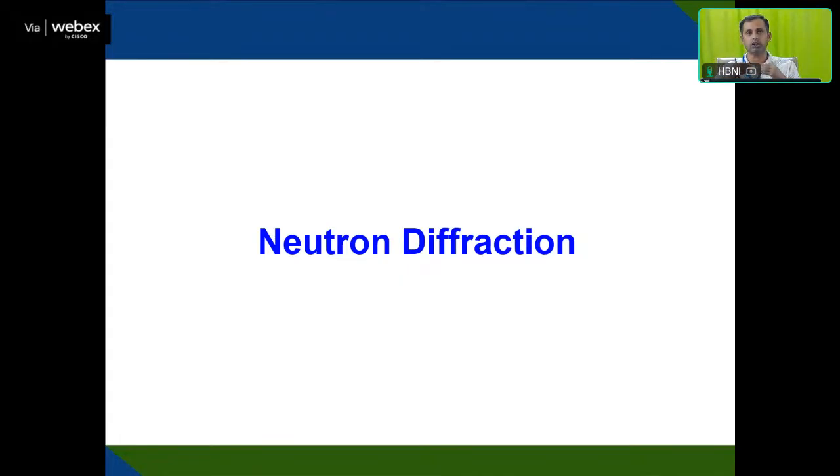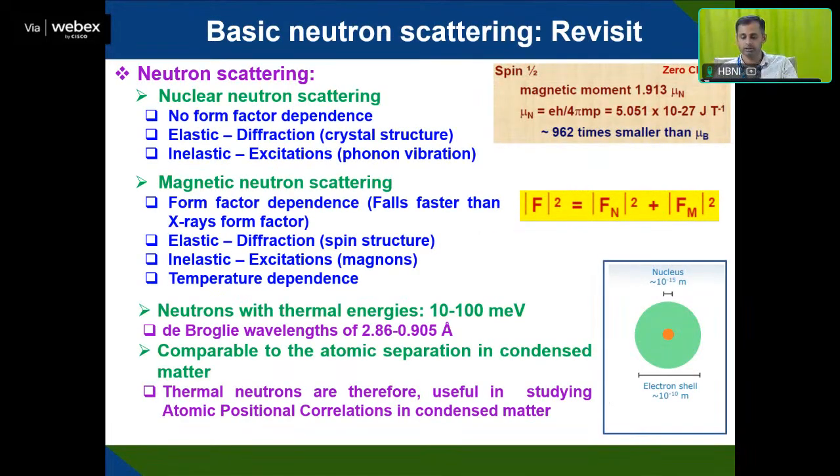The neutron's interaction cross section is very low, because the nucleus is quite small. So the nuclear interaction will be very small, and the probability of reaction will be very low.